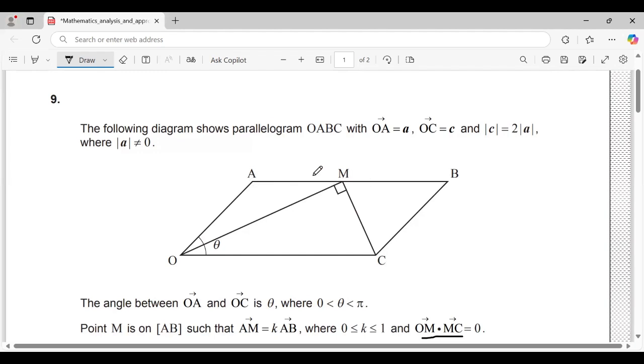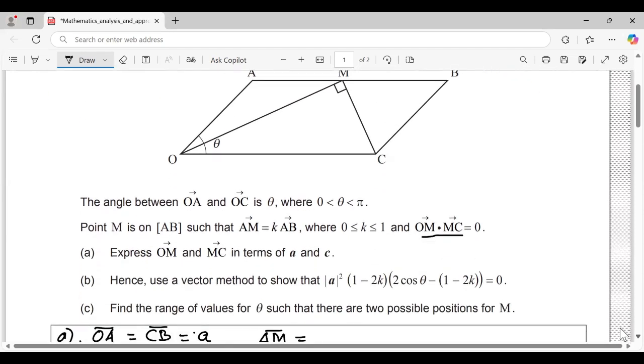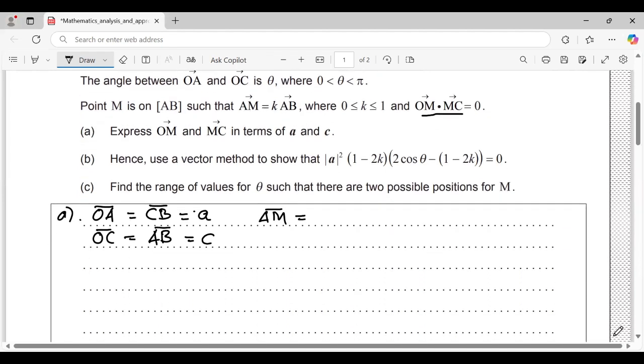According to the information, AM is k times AB. AB is C, so k times C, KC. So AM, AB is C, it is KC.